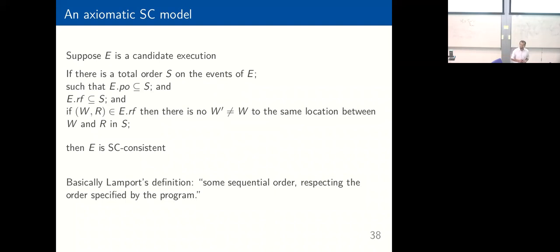Yes. Sorry, say again. The program order. The program order is this relation from the candidate execution that relates events as they came from the same thread in program order. So if that write event, maybe go back.